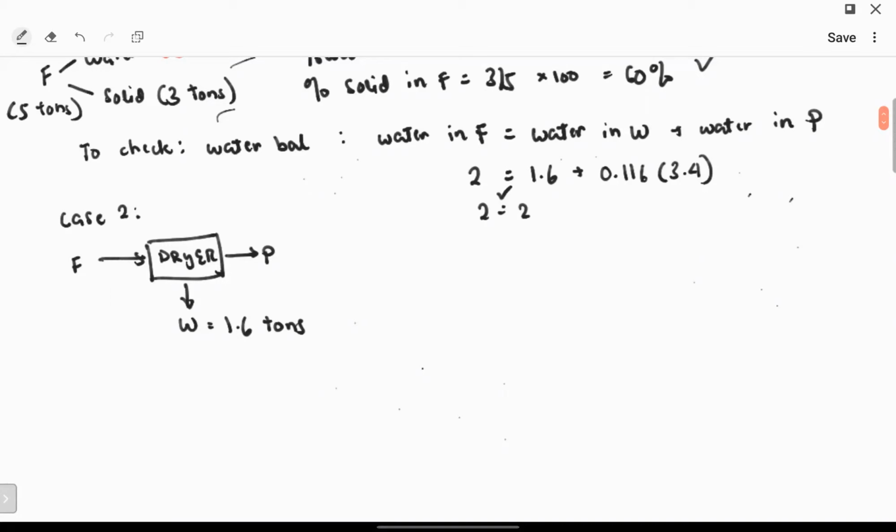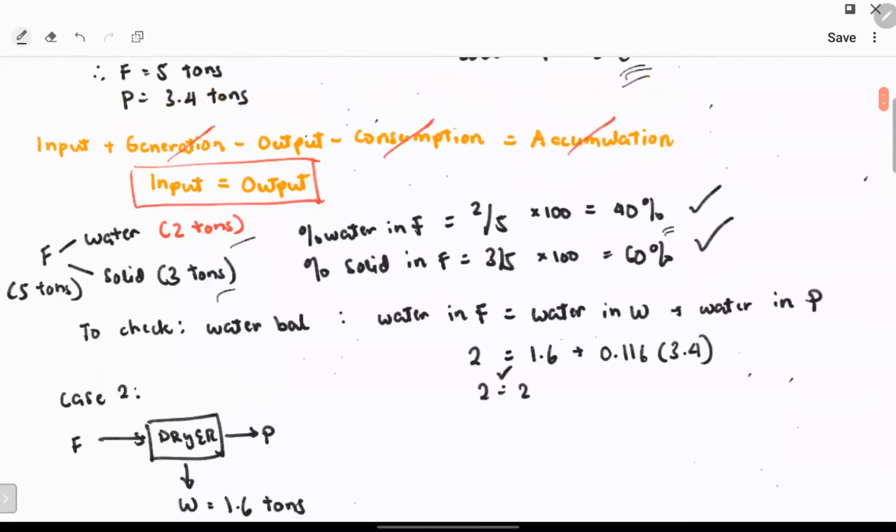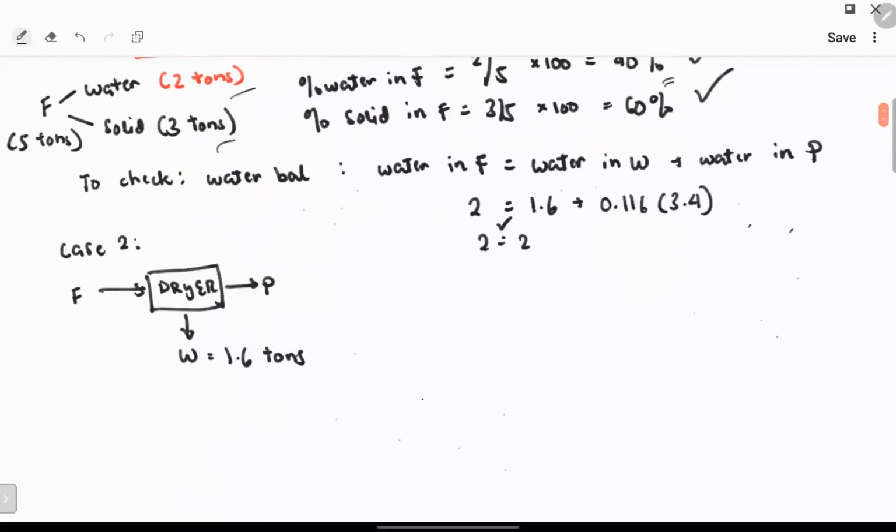Yung feed natin kanina, yung amount niya, iba na dito sa case 2. What did not change, however, is yung composition ng feed. Di ba nakuha na natin yung composition ni feed, which is 40-60. So, feed is 40% water, we know that already from our case 1 calculation, and 60% solid. And yung product natin, sabi sa problem, dapat 4% lang yung water at therefore 96% yung solid.